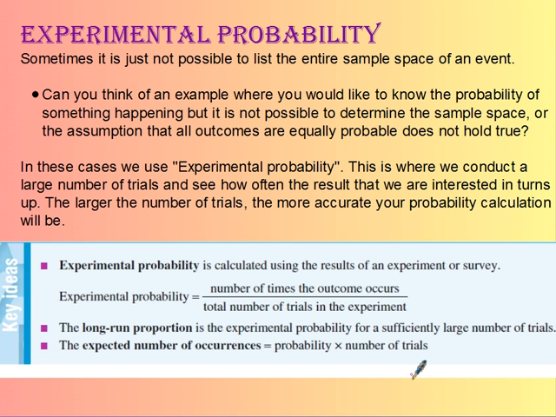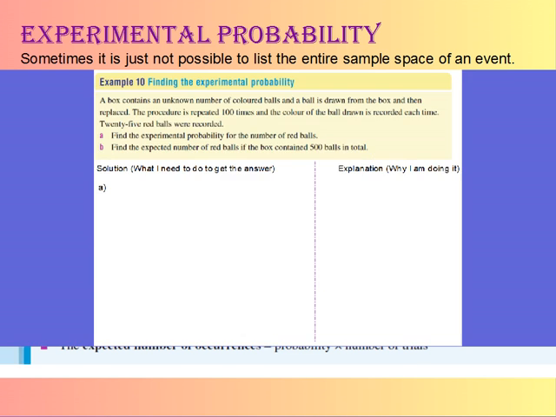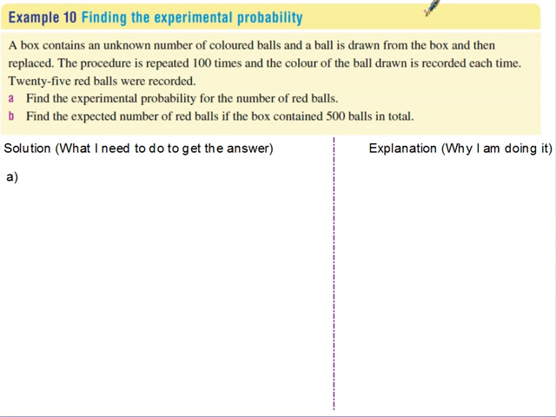So I'm going to do an example which hopefully will make some of this a bit more concrete. We're going to have a look at a box which contains an unknown number of coloured balls, and a ball is drawn from the box and then replaced.